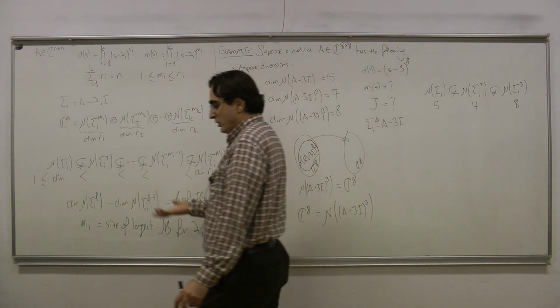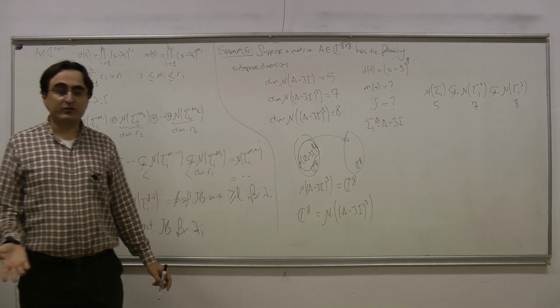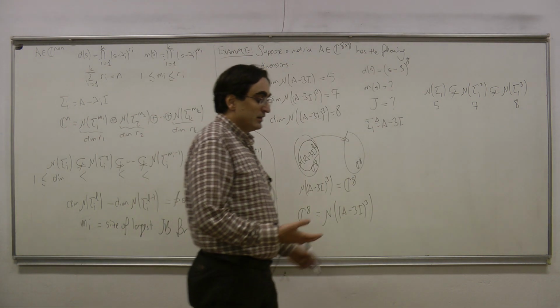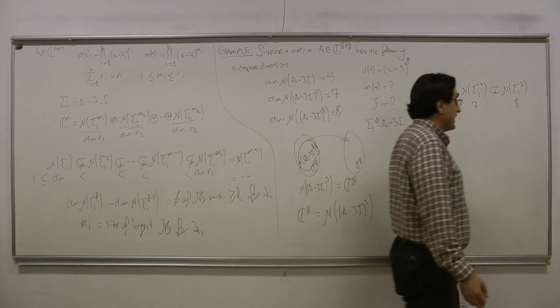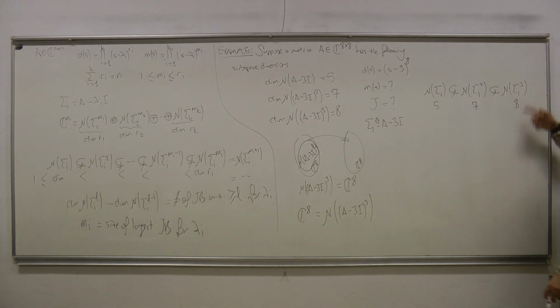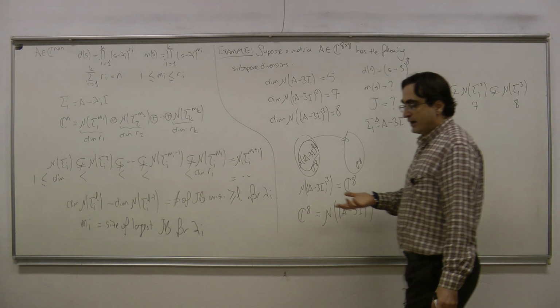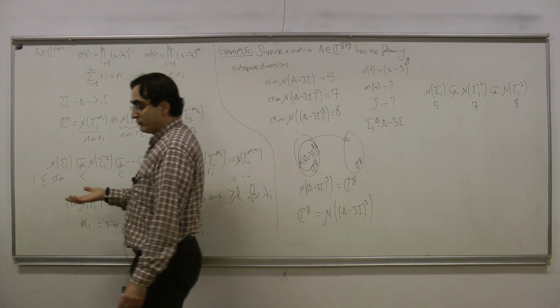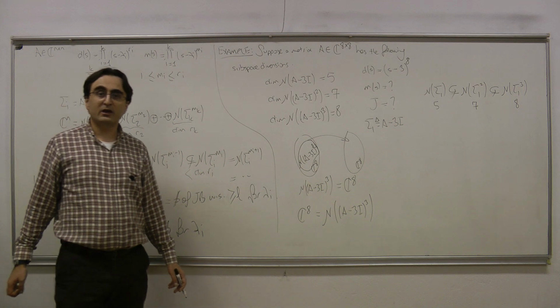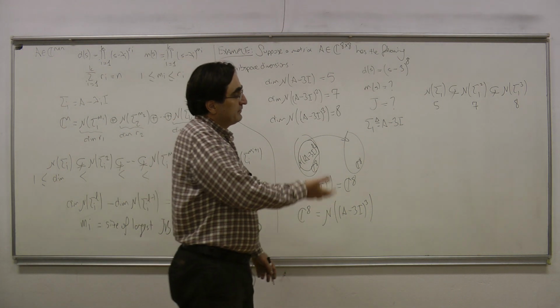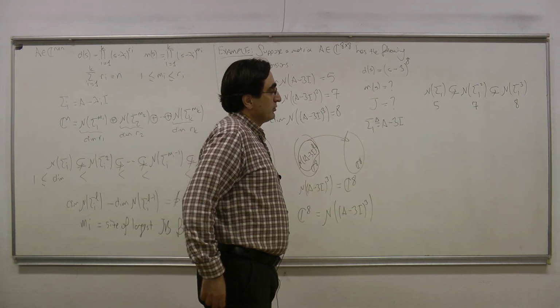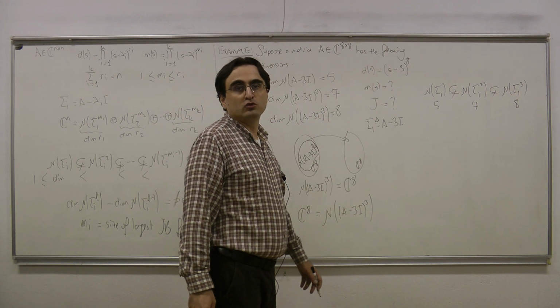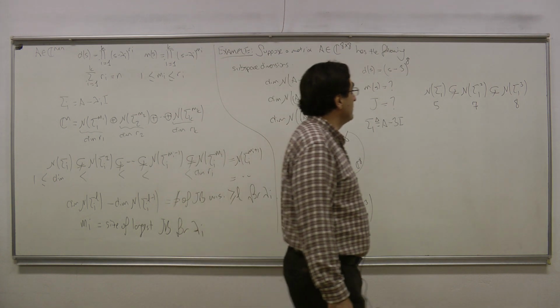Okay? So if the null space of a matrix has the dimension of the overall space, that means that any vector in the overall space is inside the null space of that matrix. And if any vector is inside the null space of that matrix, it should be equal to the zero matrix.